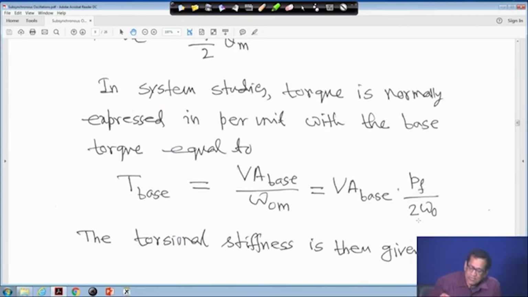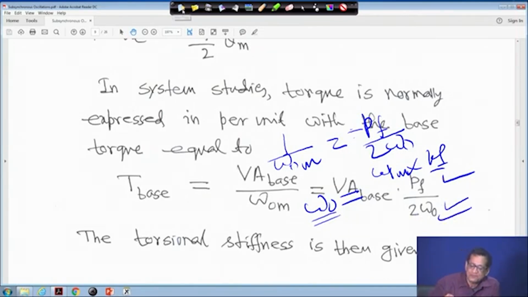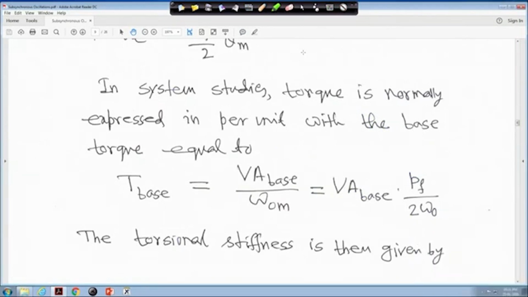That means omega 0 is equal to omega 0m into Pf by 2. We know theta e is equal to P by 2 into theta m, therefore omega 0 is equal to omega 0m into Pf by 2, that relationship we are using here. This we have already derived in the synchronous machine topic.